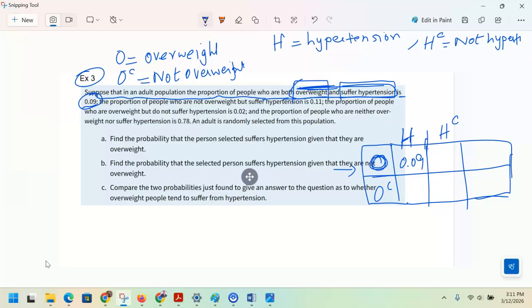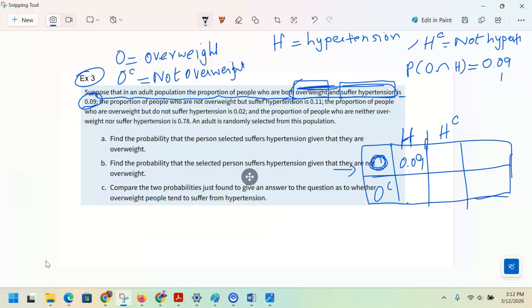So this is this. What that basically means is the probability of O and also suffering from hypertension is 0.09. Now basically it is out of 1. Of course, it is 9 out of 100, which is 9%. So right now, I'm going to fix only this one.